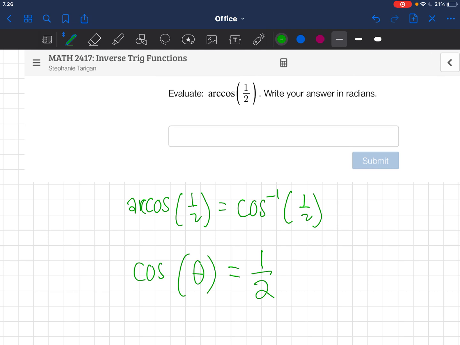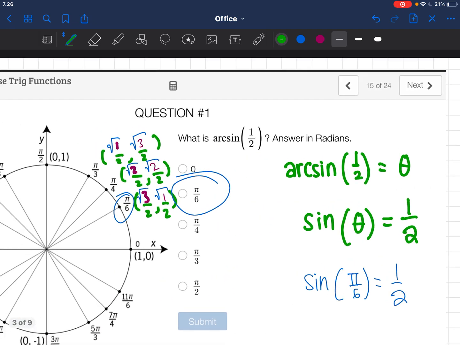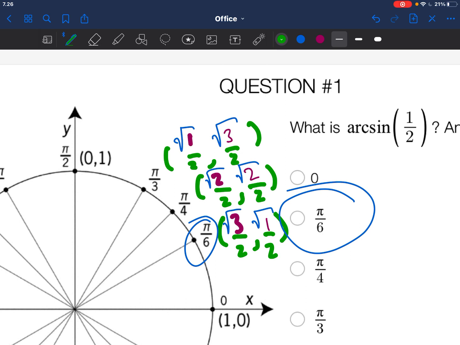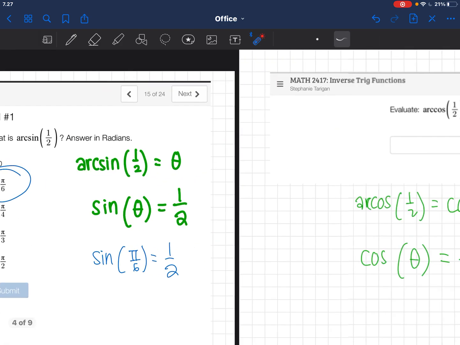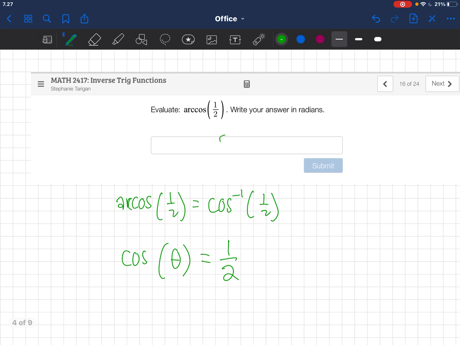Okay. So now again, going back to our unit circle, the only x-coordinate between these 3 that gives us 1/2 is pi over 3. So pi over 3 is your theta. Cosine of pi over 3 is 1/2.